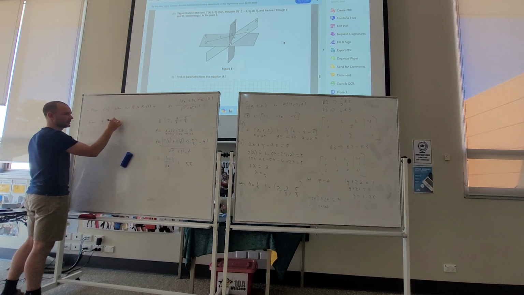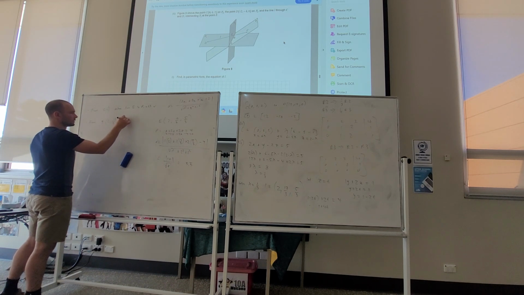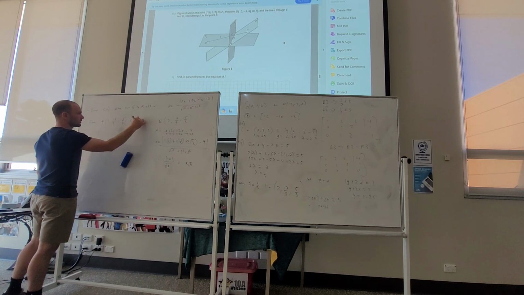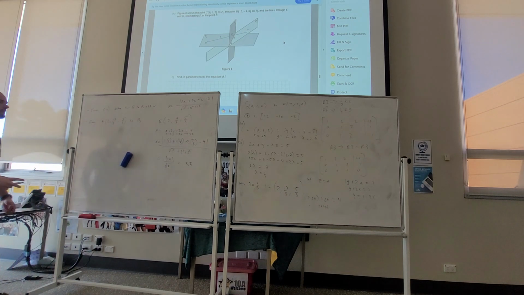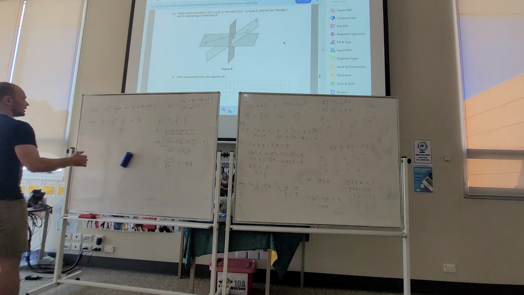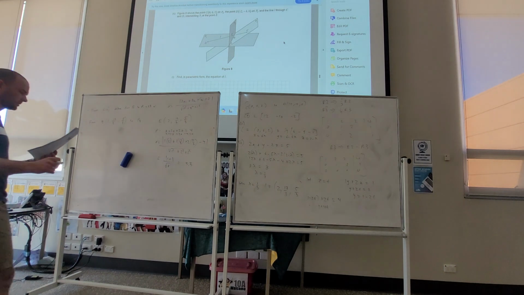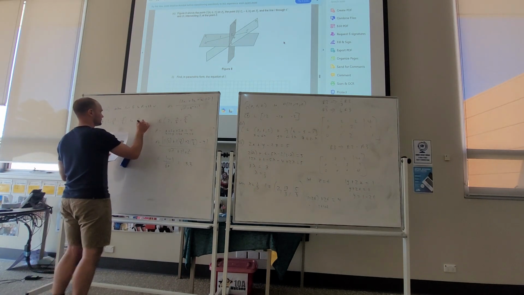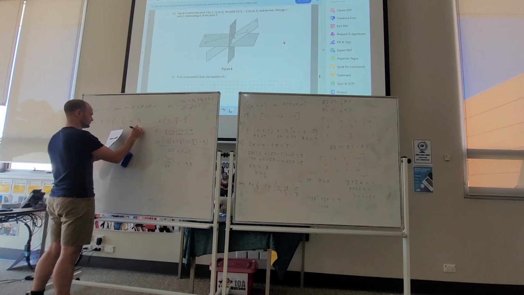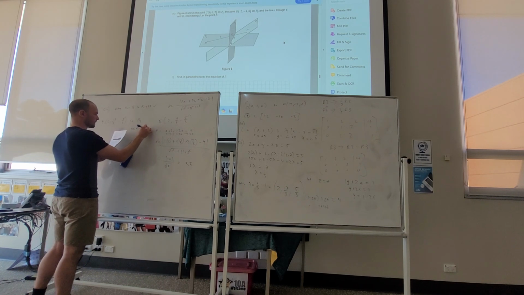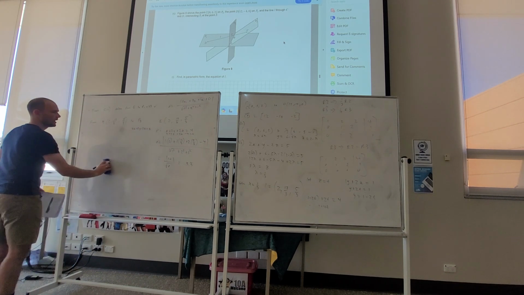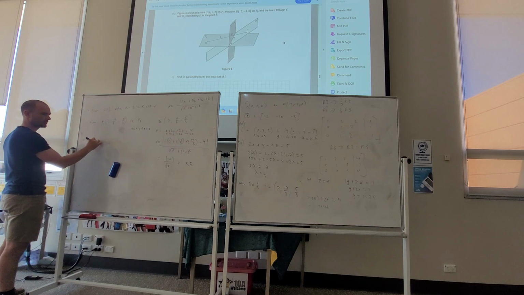And so we'll do that calculation here. Plane 3 is 3x plus 2y take 2z. Alright, so same distance formula calculation.